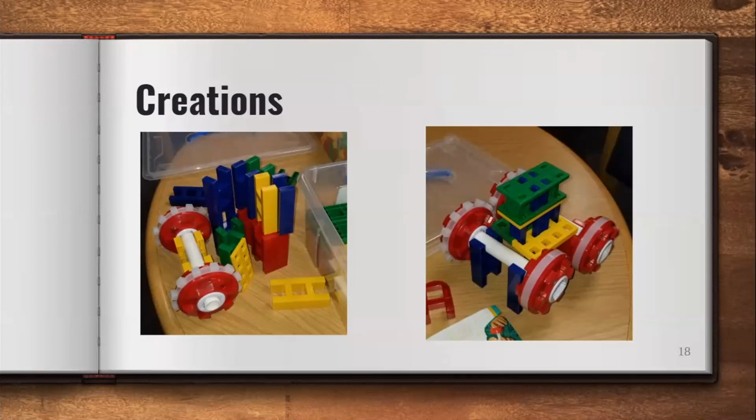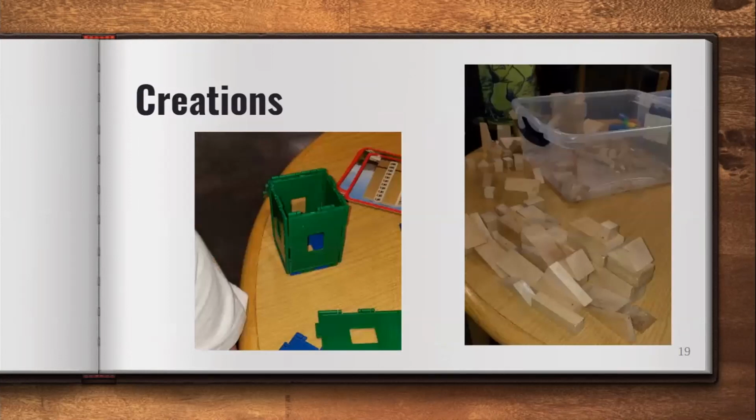So then when they went back to the table to do their redesign, they put it together like it is on the right. And what they said about it was, I put the house on wheels because even if the wolf huffs and puffs all day long, the house is just going to roll further away from the wolf. So the pigs are going to stay safe, which I thought was really ingenious.